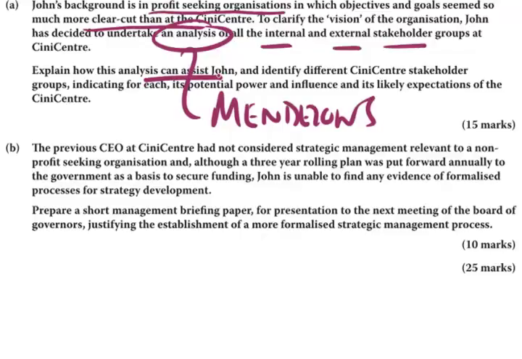The completely wrong way to answer this question is simply to talk about what stakeholders are in the abstract, to talk about Mendelow's matrix in the abstract. Nearly all the questions in P3 require you to apply knowledge by applying suitable models to the information in the scenario.